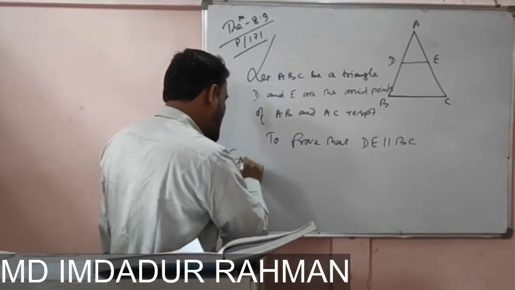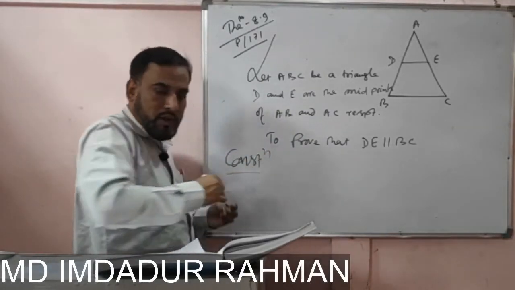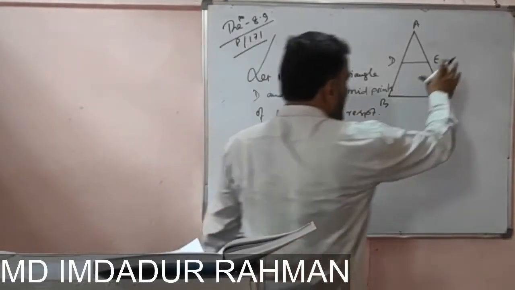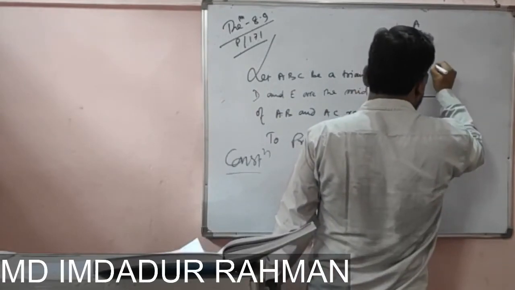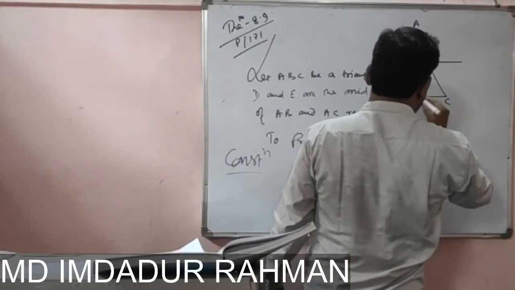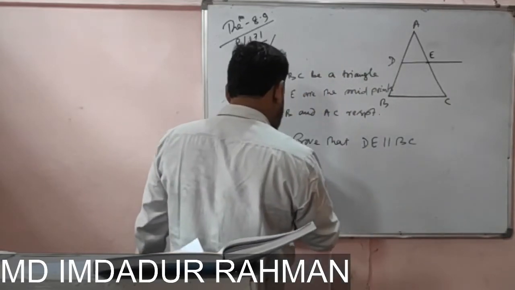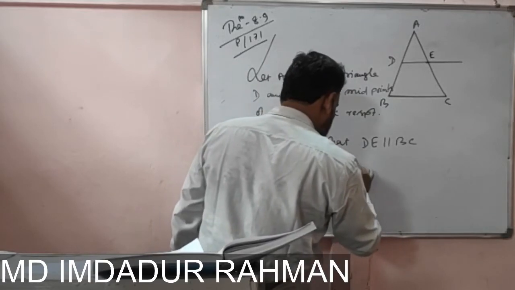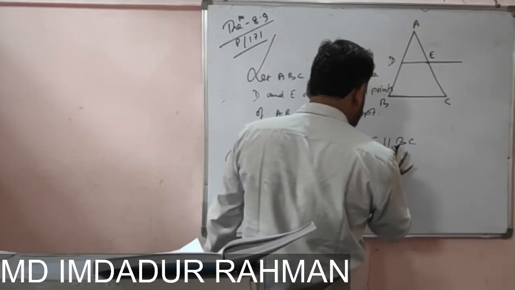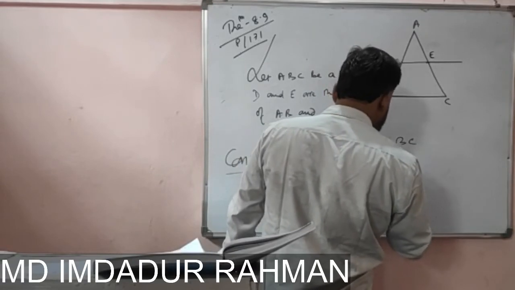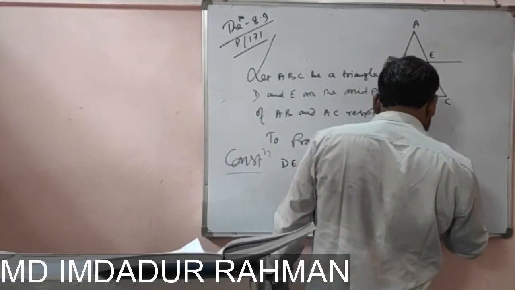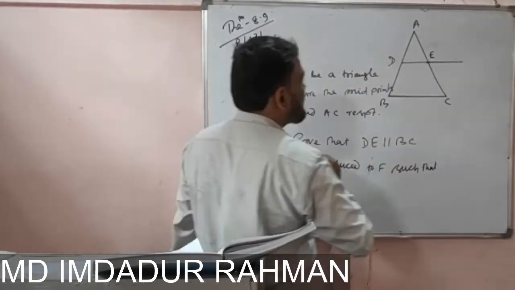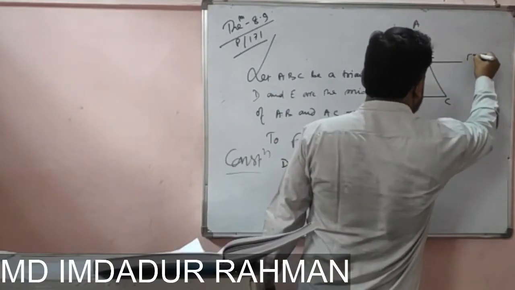Construction. Here construction is required to prove this. Here the construction is DE is produced to F such that, how much to produce? Such that DE is equal to EF.